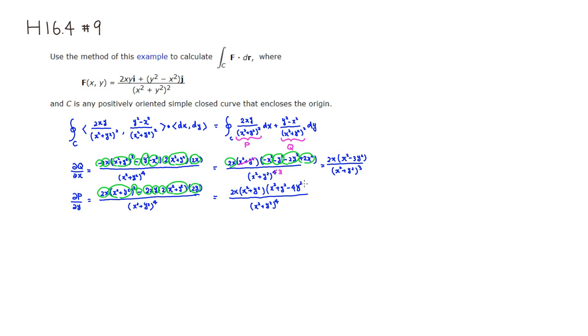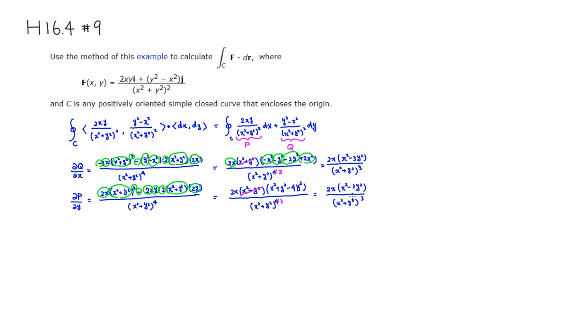As before, we can cancel one of these, and this becomes 3. Then what you get is 2x times quantity x squared minus 3y squared over quantity x squared plus y squared, cubed.